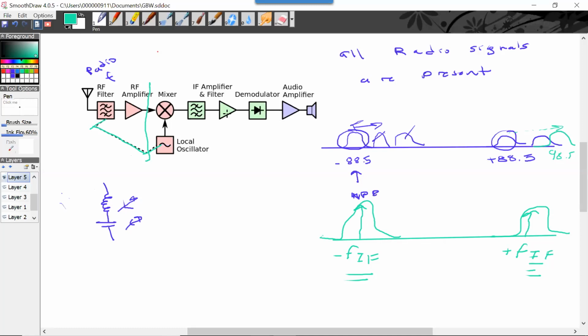Which again, you have to amplify. And then there's something called the demodulator.